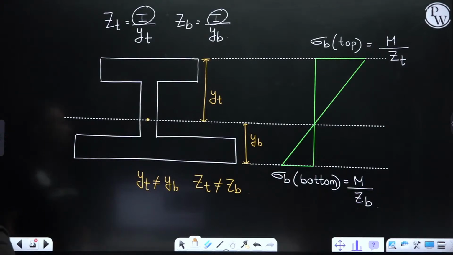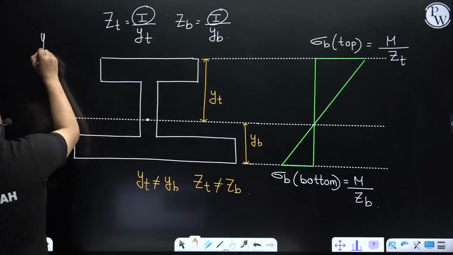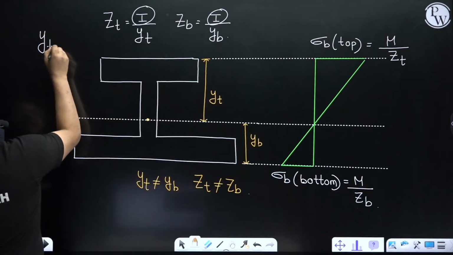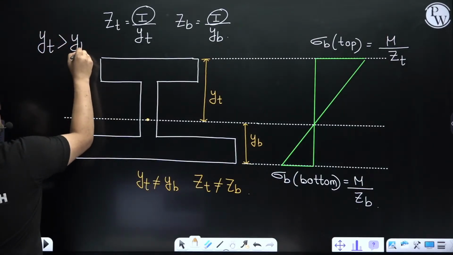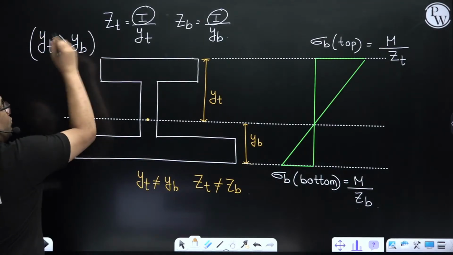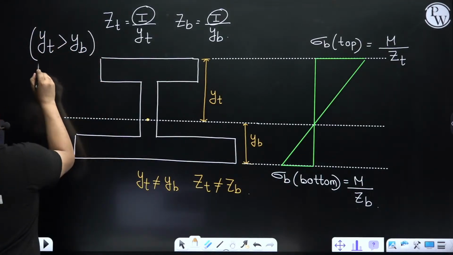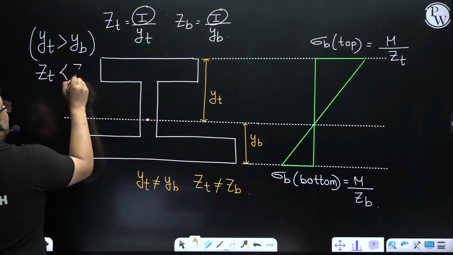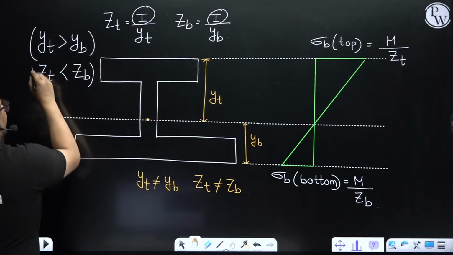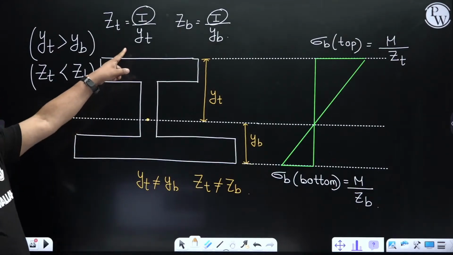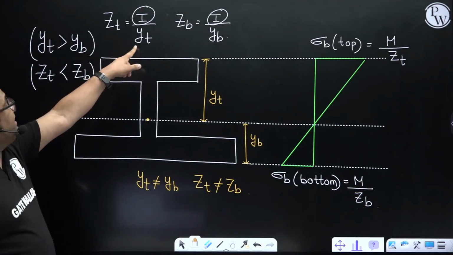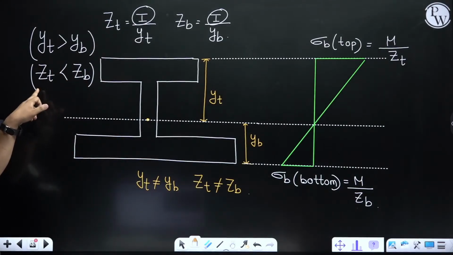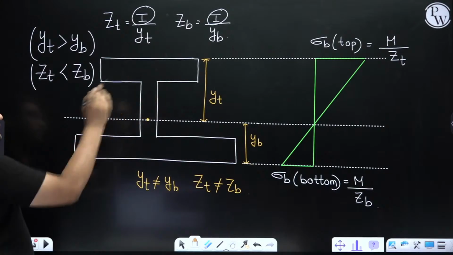Y top is actually more than y bottom, right? So if y top is more than y bottom, then I can say z top will be less than z bottom, right? You see, it is the denominator. If y top is more, z top will be less. And if z top is less, then stress is more.